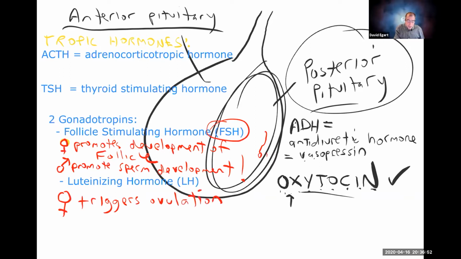So like the first couple of weeks, FSH is up and this follicle is developing, getting ready. And then around day 14, there's a big surge in luteinizing hormone and the egg pops out and is released into the fallopian tubes and all that.